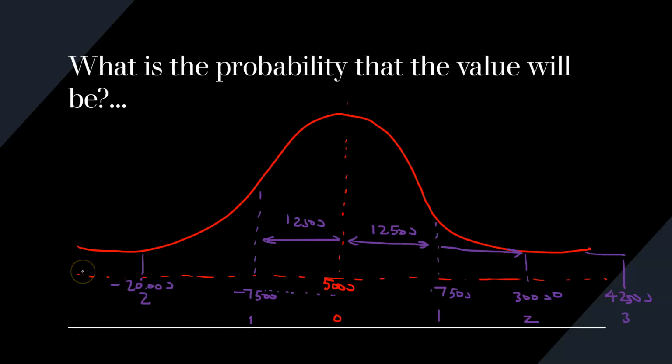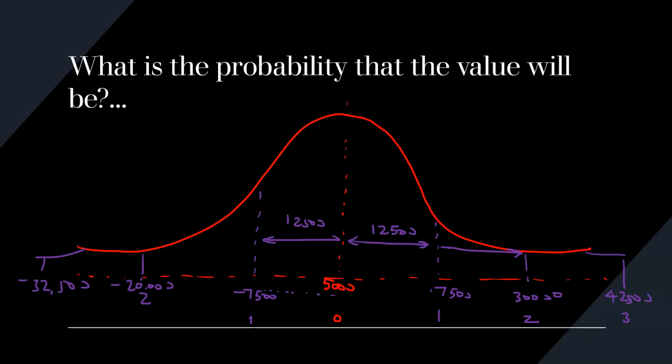And I could have exactly the same thing in the other direction: 5,000 minus 12,500 times 3, and that's minus 32,500. Okay, that's the first point that we have to consider.